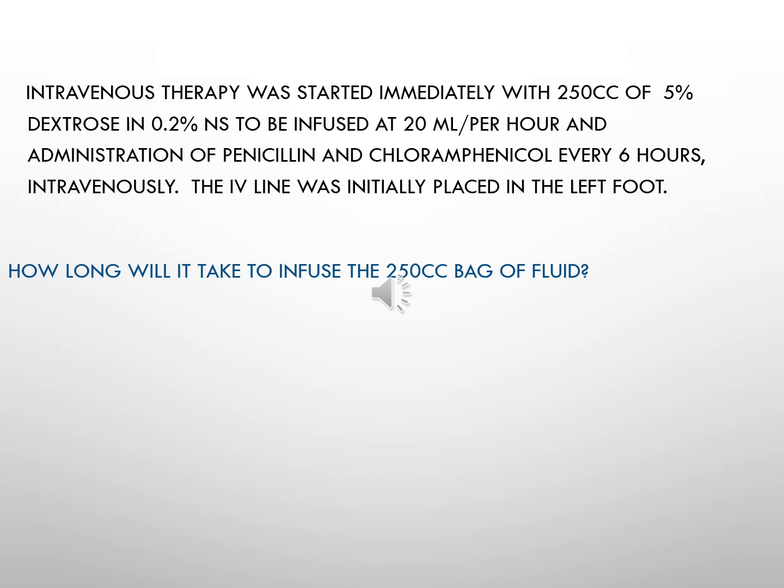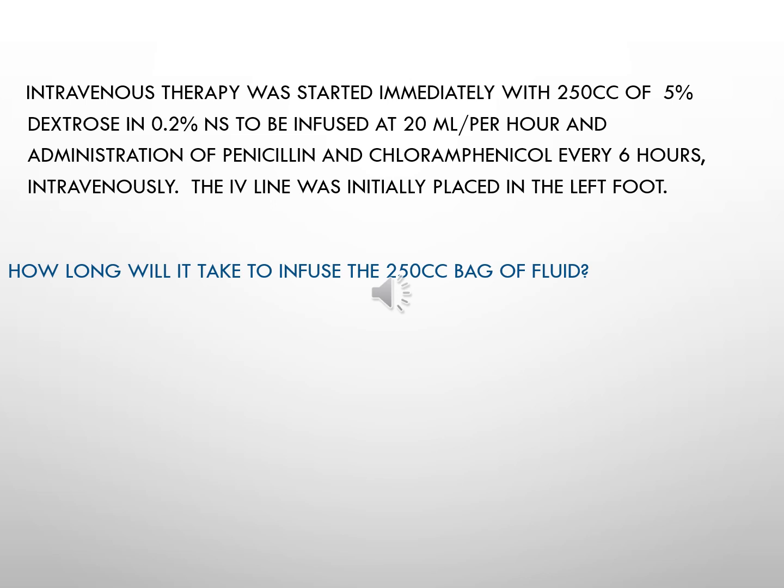So, is this safe based off of her weight? So she's 17 pounds. No, it's not. It should be 32 mils per hour. So if you go back and look at safe rates for children based off of their weight, you'll be able to figure that out.